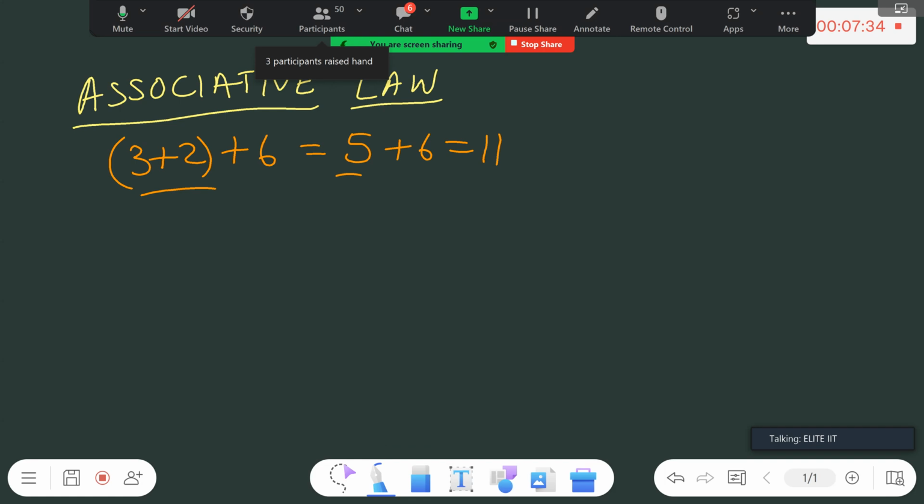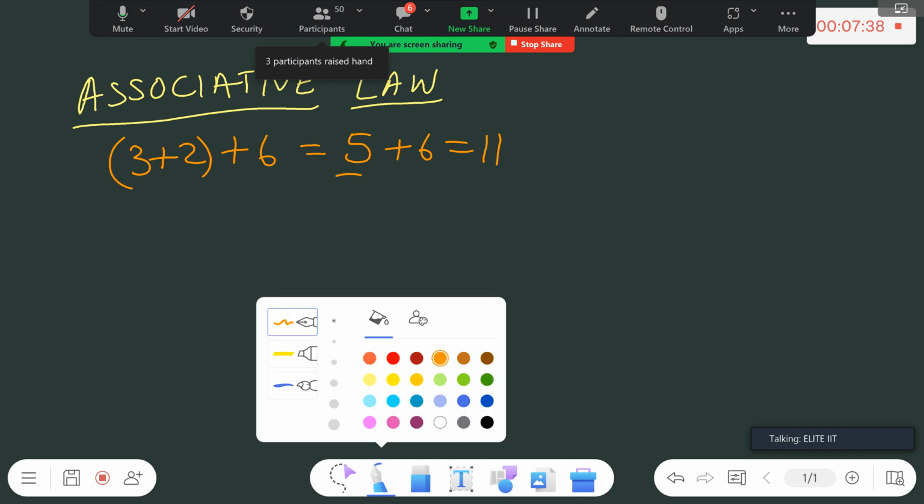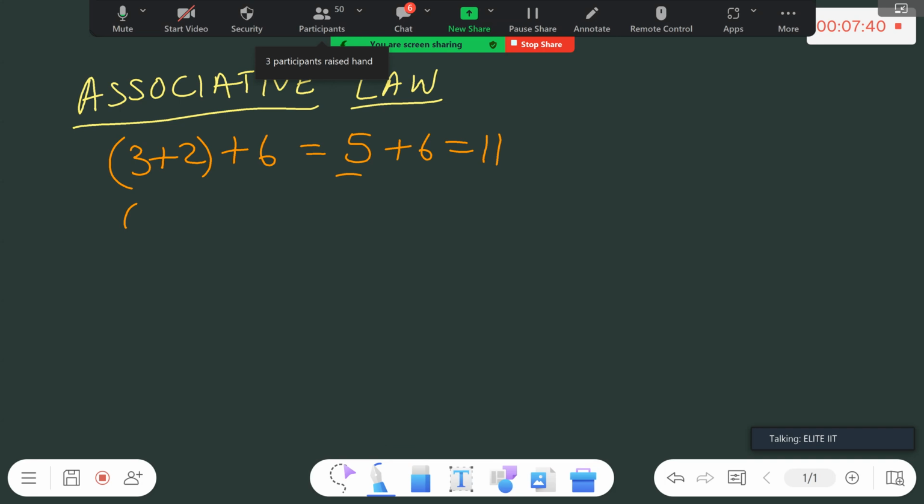Now, if in place of 3 plus 2 first, I write it like this, 3 plus the bracket of 2 plus 6, now again we'll do this bracket first, 2 plus 6 is 8 and 3 plus 8 is 11. It will be the same answer.